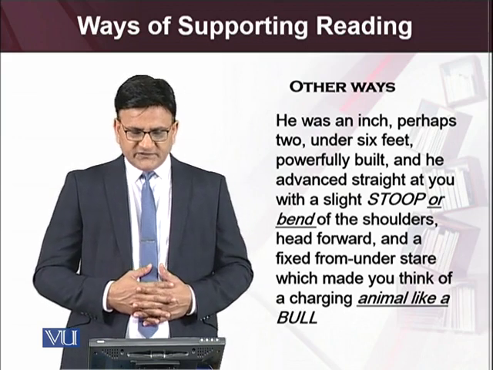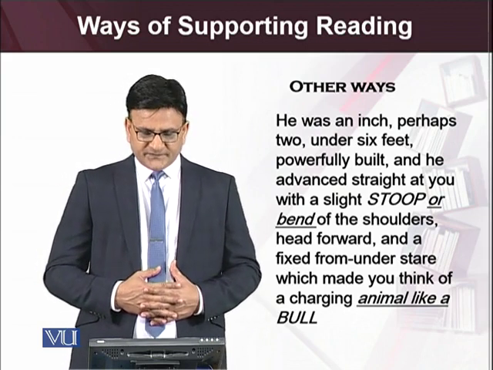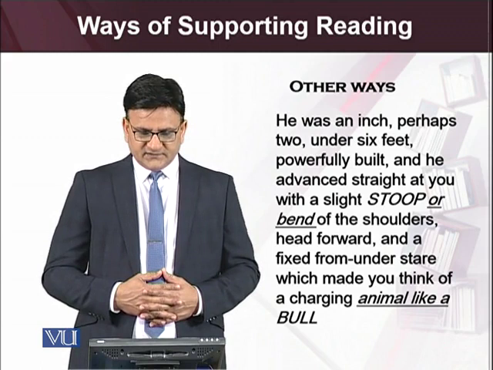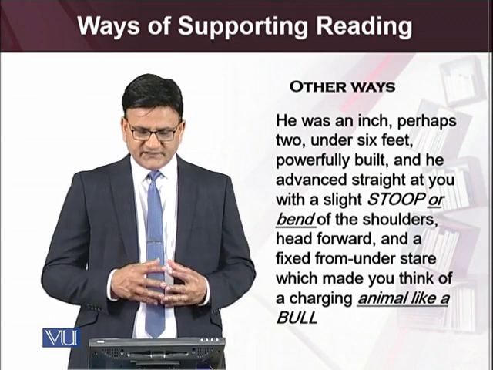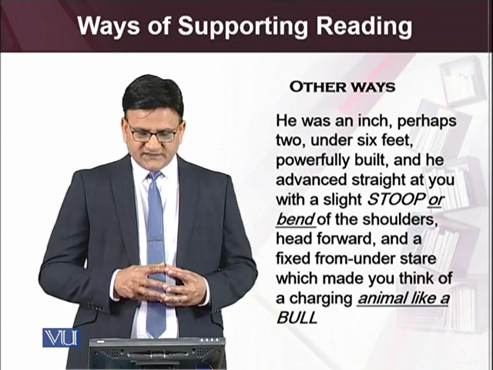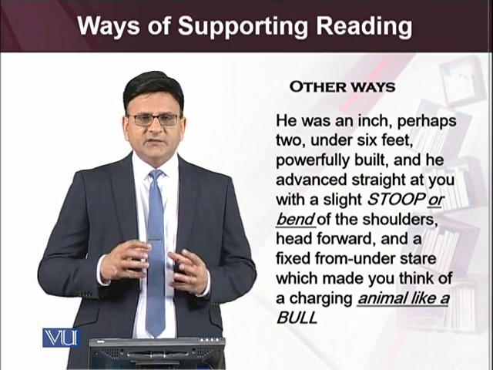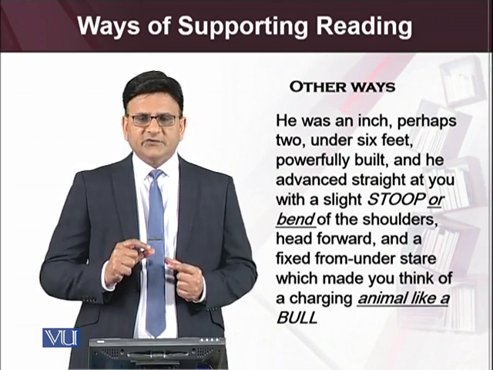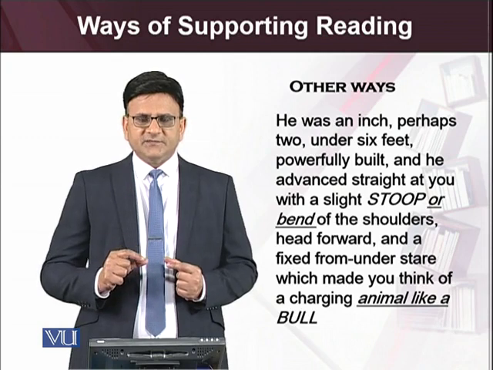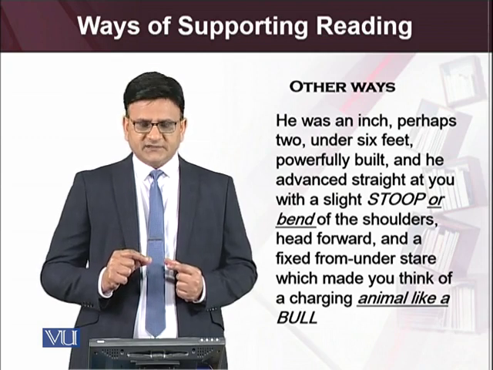Okay, let's read the text together. He was an inch, perhaps 2 under 6 feet, powerfully built, and he advanced straight at you with a slight stoop. Now, the stoop has been glossed, and that has been put in italics, underlined.